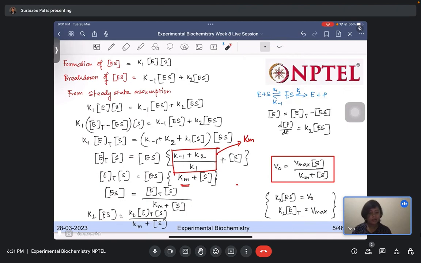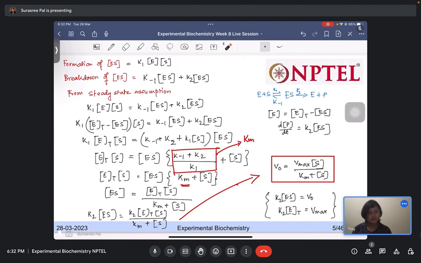So we substitute V0 and Vmax in this equation, and we get the Michaelis Menten equation, which states that V0 equals Vmax into S divided by Km plus S. So that is how we derive the Michaelis Menten equation.